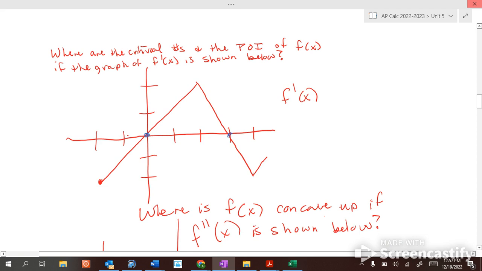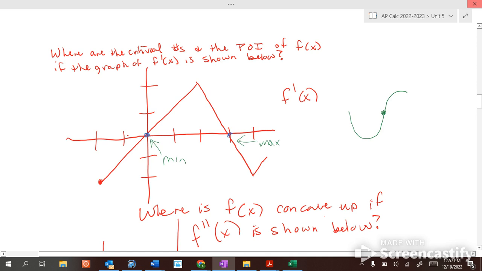What's happening here is there's a min right here and a max right here. What do you think happens in between a max and a min? Probably a point of inflection.